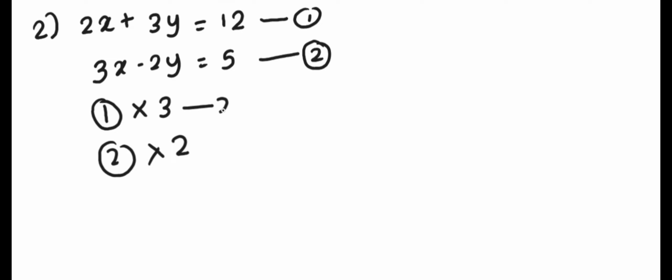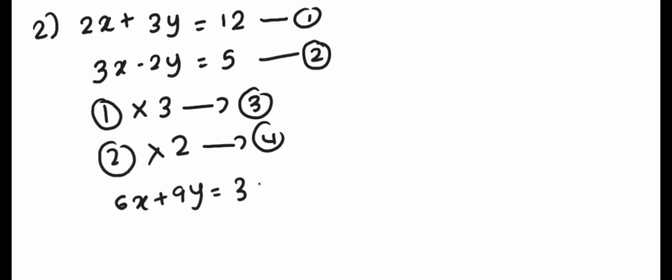So this is the third equation. This is the fourth equation. From this method, you can get equal coefficients in any simultaneous equation. So what is the third equation? I need to multiply this by 3. 6x plus 9y equals 36 is our third equation.